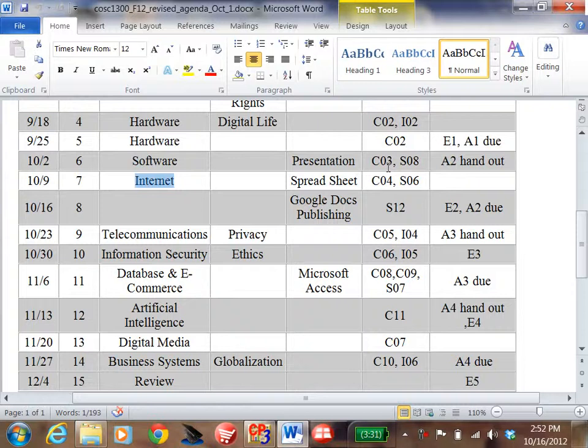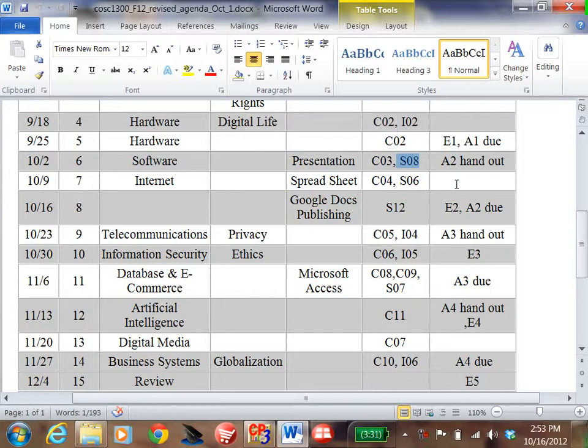These are found in your textbook: software is chapter CO3, internet is CO4, and presentation software is SO8. If you want to go and look at that chapter, that basically covers PowerPoint.